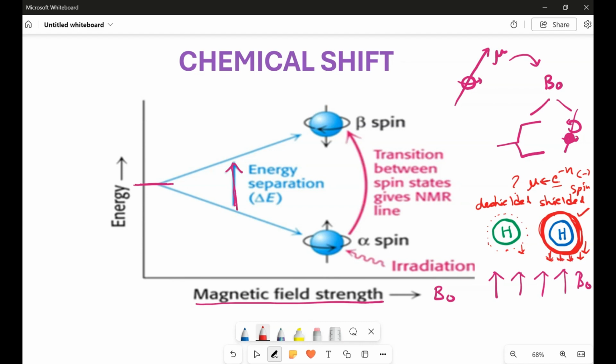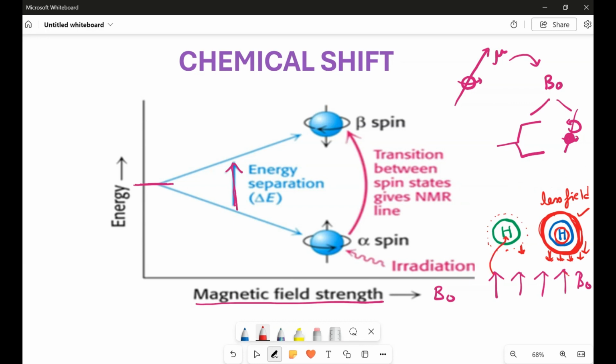So it is like cancelling the external field. The field generated by the electrons opposes the external field, so they cancel part of the field experienced by the hydrogen. This particular hydrogen will experience less field. And in this hydrogen, the opposition by the electrons is less, therefore more field will go inside.